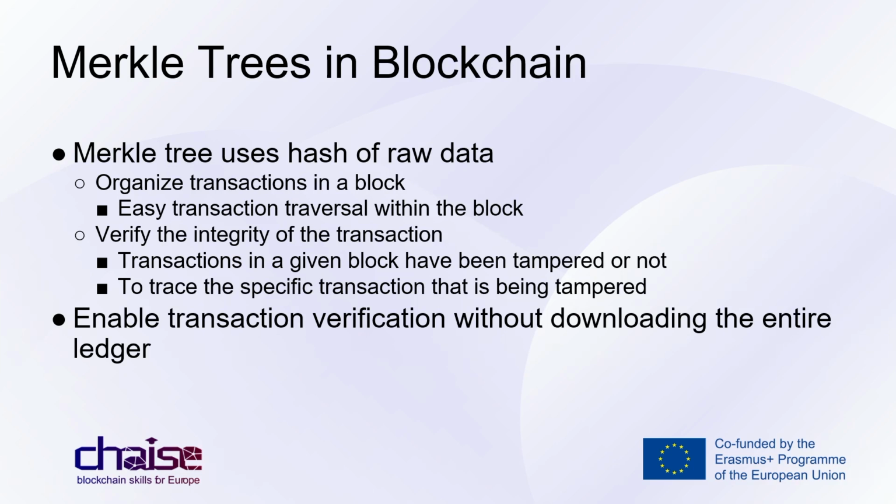Then all other participant nodes can discard that corrupted block from the blockchain and start using the correct one. In this process, Merkle trees help to traverse and trace that particular transaction.